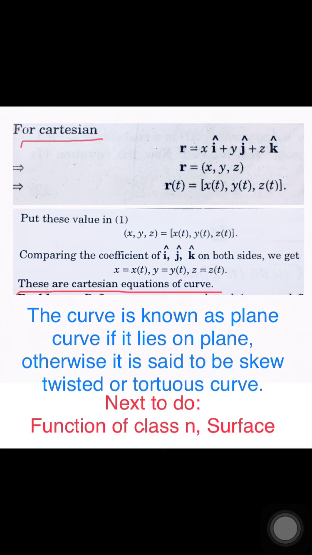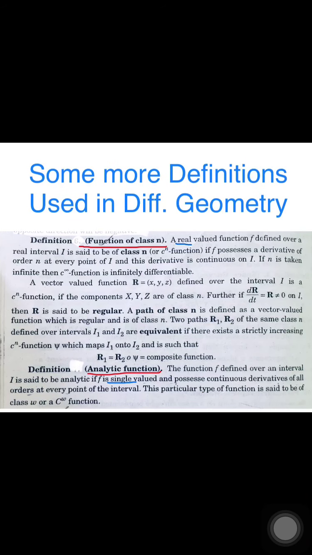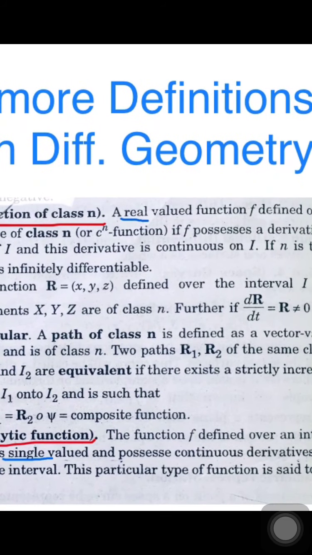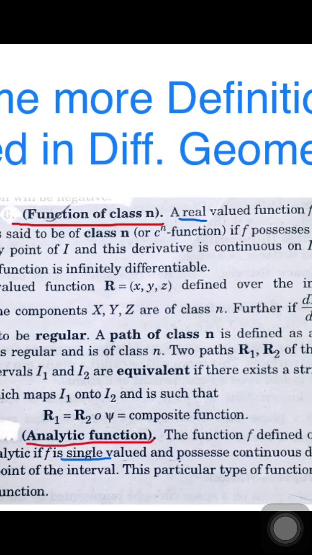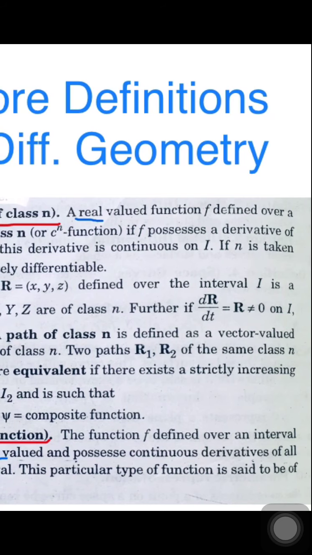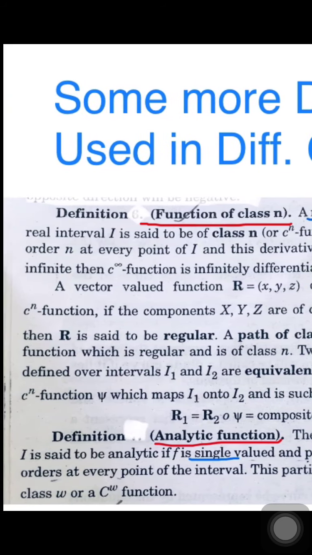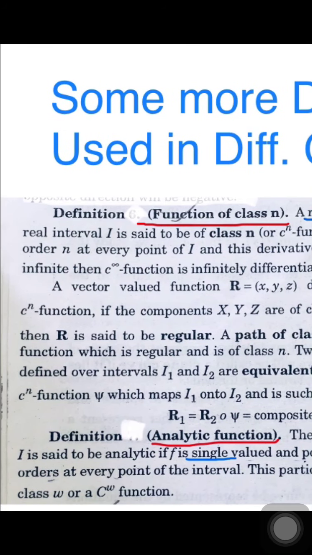So today we are taking function of class n and some more definitions used in differential geometry. First of all, function of class n. What are we taking for function of class n? A real valued function defined over a real interval.